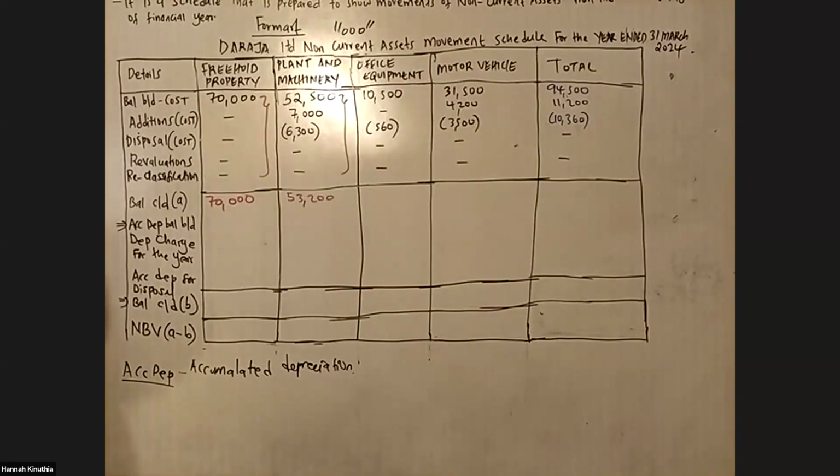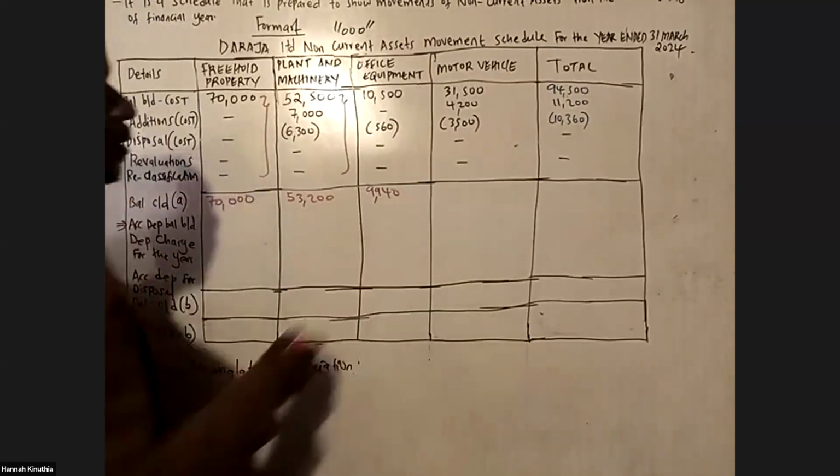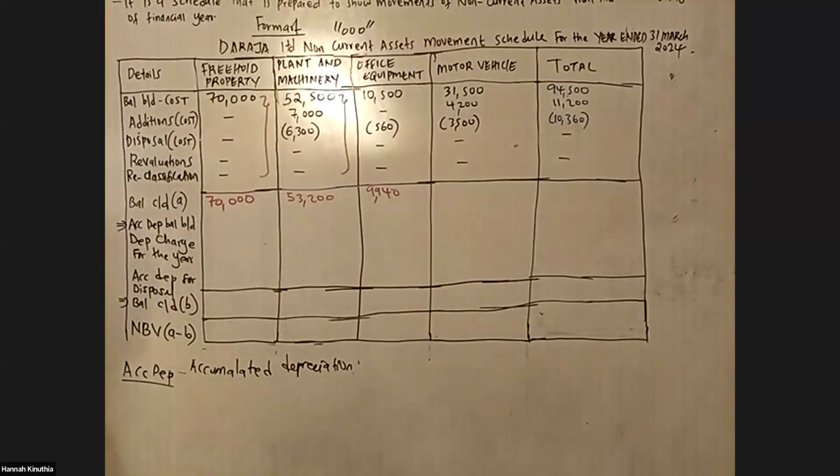Next. Right, next. 9,940. Next. Thirty-two 200.